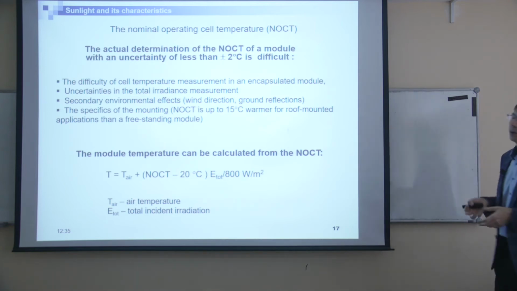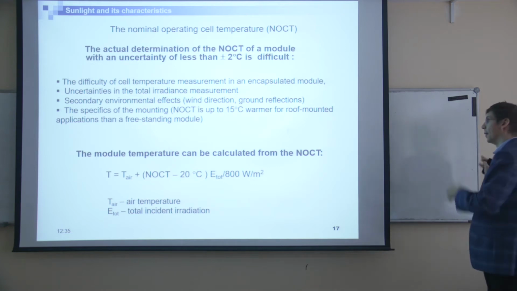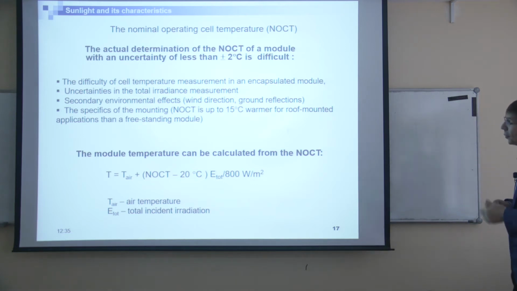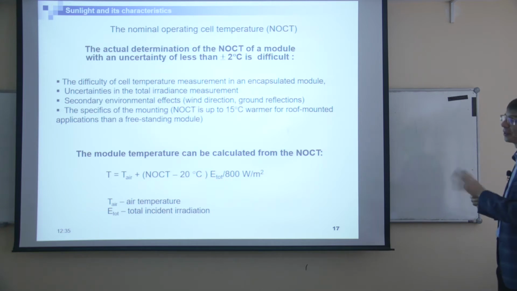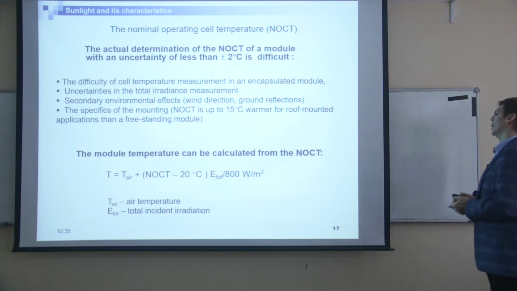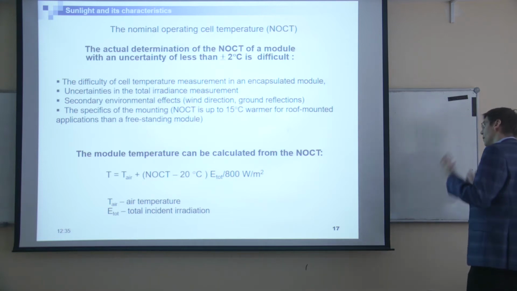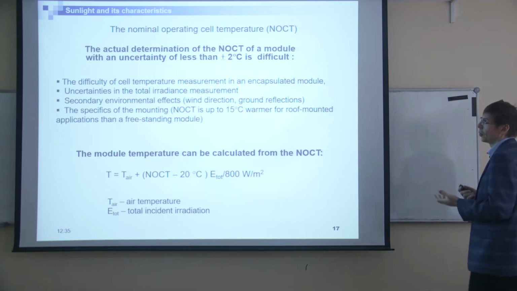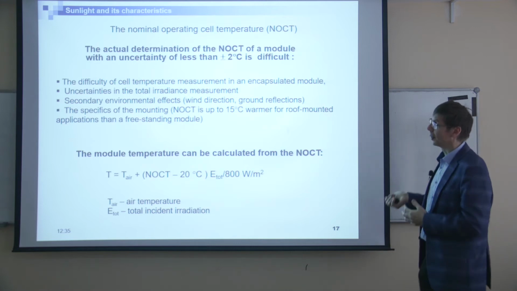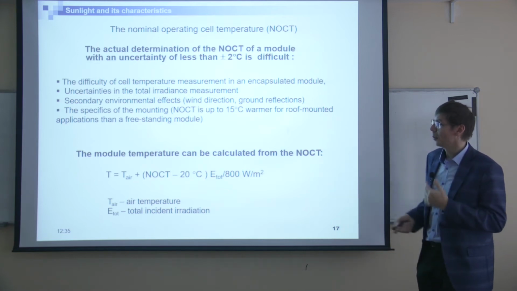For example, when you have seen this 48 degrees, it means that you can expect something about 50 degrees at this nominal operating condition. And from this value of the temperature, you can estimate the temperature of the solar cell for more or less real condition, using quite a simple formula.